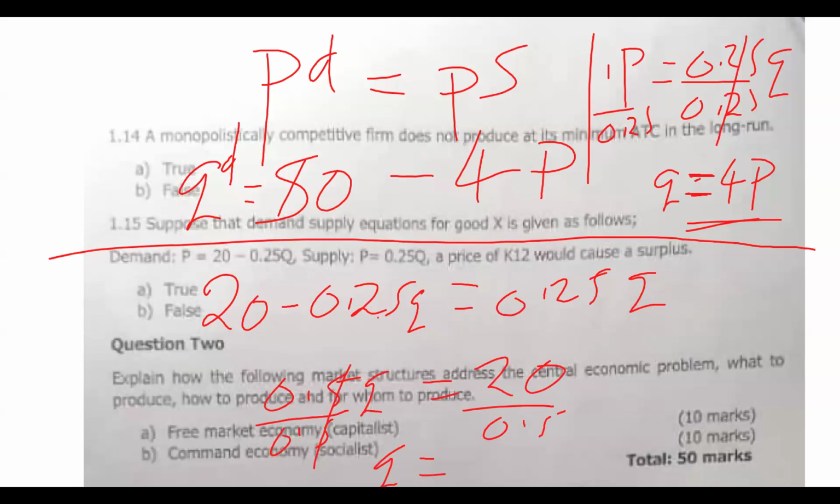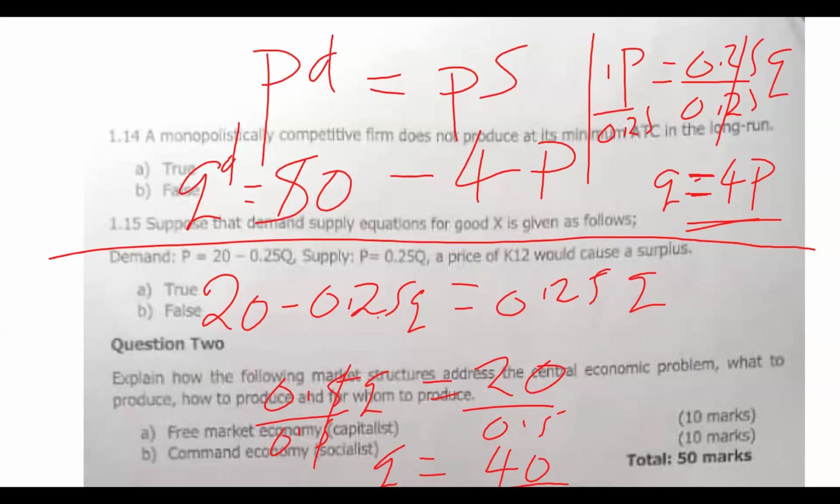That is 40. So the equilibrium quantity is 40. Did you get that one? Yes. The equilibrium quantity is 40.